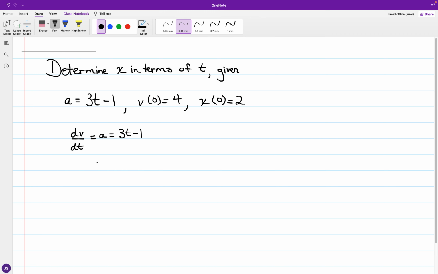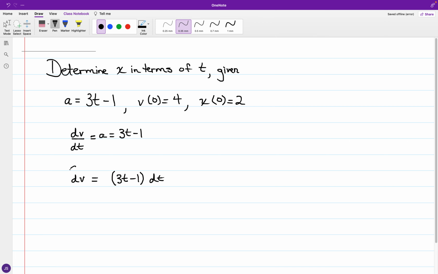Upon separating the variables, in this case the differentials, we have the dependent variable, the velocity, to be v, and the independent variable, time, which is t. And separating, we have that dv is equal to the quantity of 3t minus 1 dt.